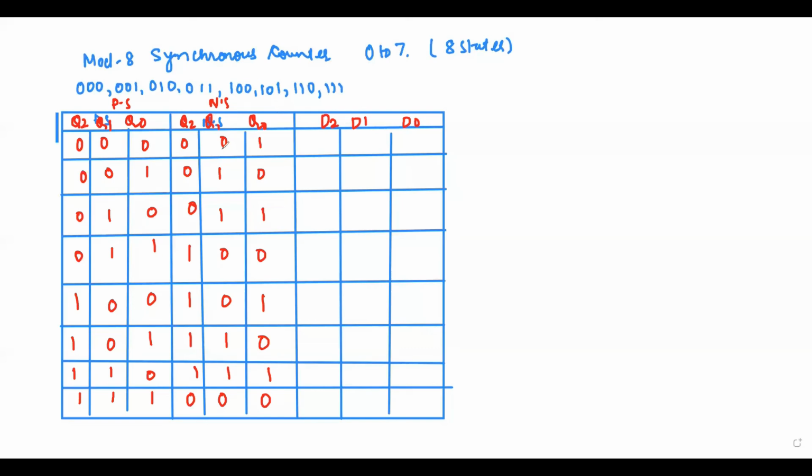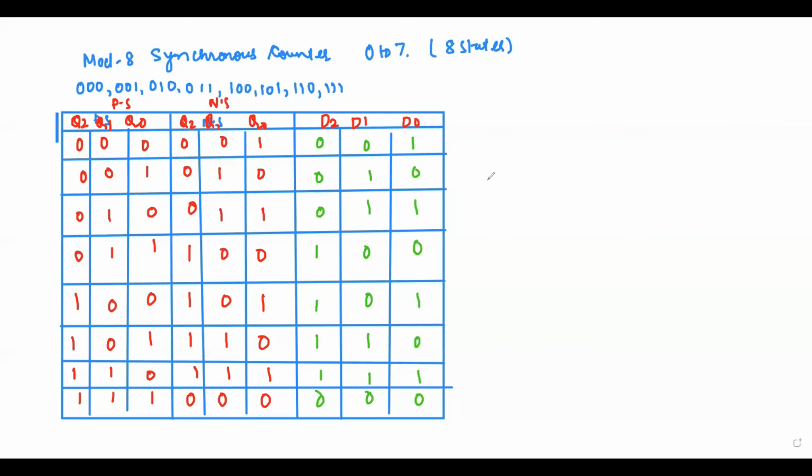It's quite a simple thing. You are directly going to put this here in the sequence. There is no hard and fast rule. You are directly putting the next state corresponding to Q2, Q1 and Q0.